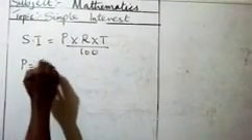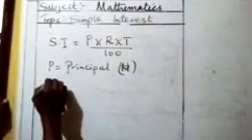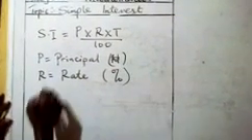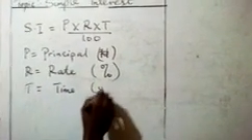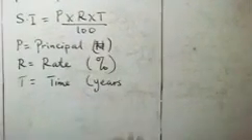That is the formula. Now, your P is principal, which is measured in naira, dollar, cedis, yen, yuan, depending on the currency you have been given. Then your R is rate, okay, which is measured in percentage. And your T is time, which is measured in years mainly, but sometimes it can be measured in months also.